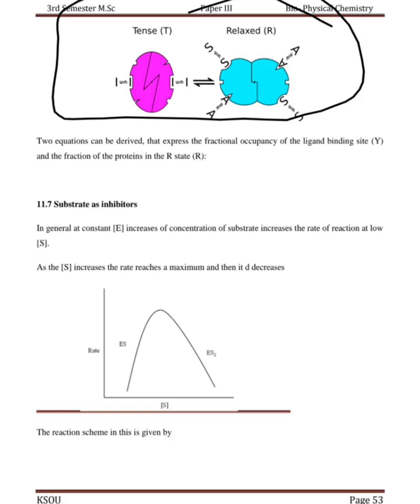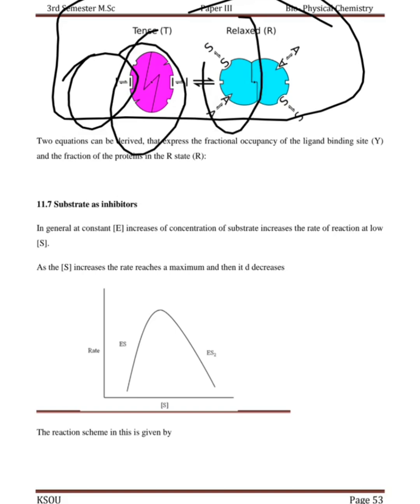Here the ligand can bind to the protomer in each conformation, and the conformation changes alter the affinity of the protomer for the ligand. Here two binding sites are present in these conformers, T and R forms of the protein, and it has four binding sites in total.